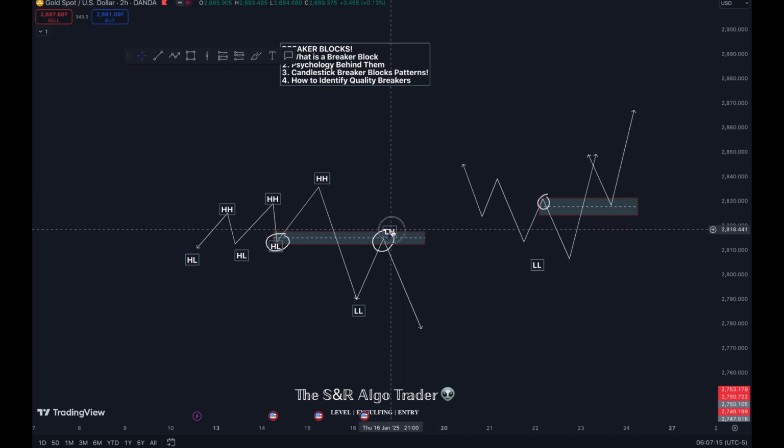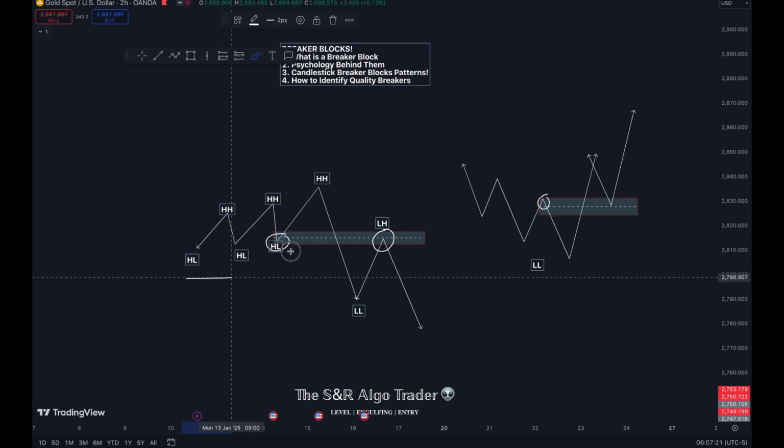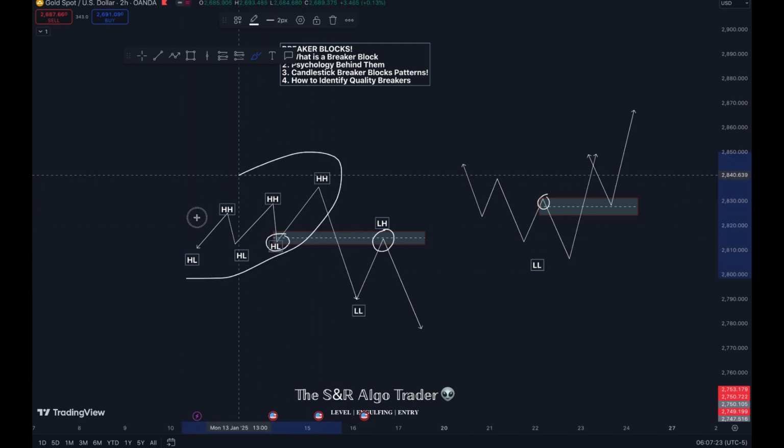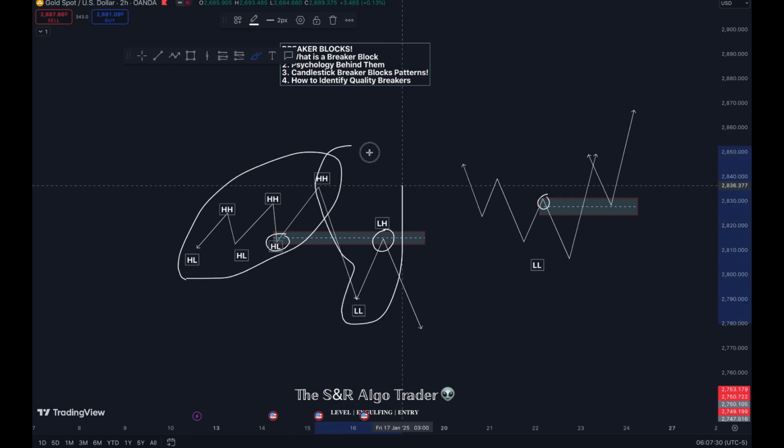Okay. So price was constantly moving higher high, higher lows, higher high, higher lows, until it broke structure. It changed direction into lower lows and lower highs here. Same scenario applies to the bearish market.